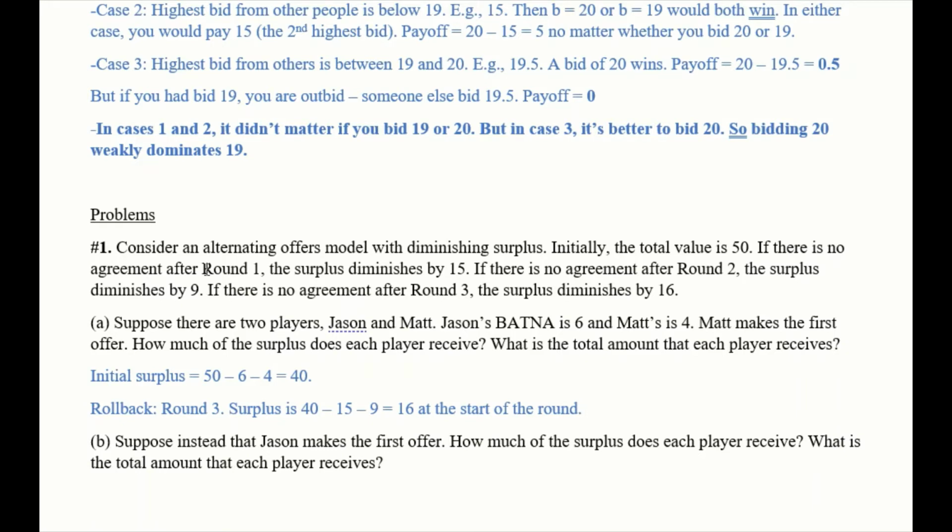We also know that if the deal suggested in round 3 is rejected, the surplus will go down by another 16. So that's going to leave us with nothing left.